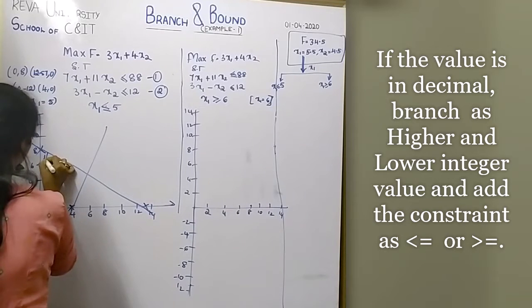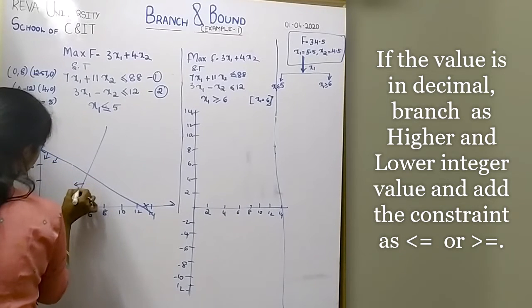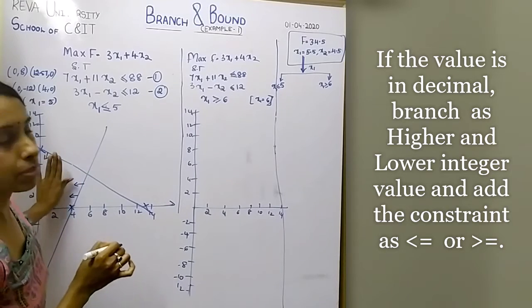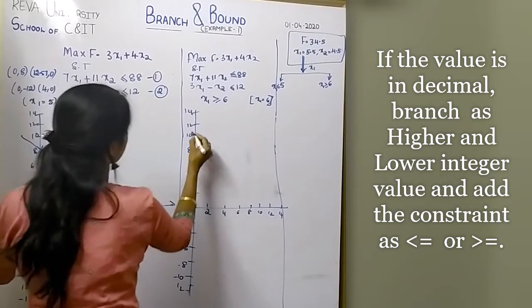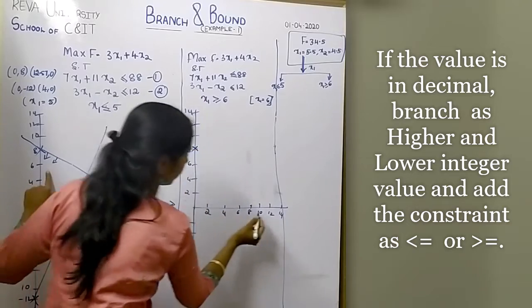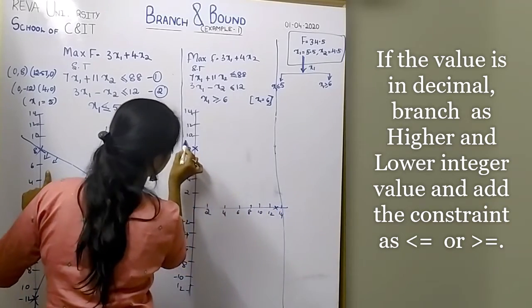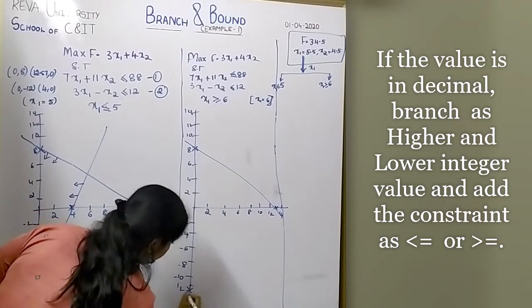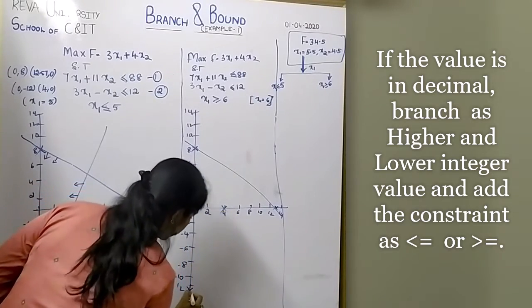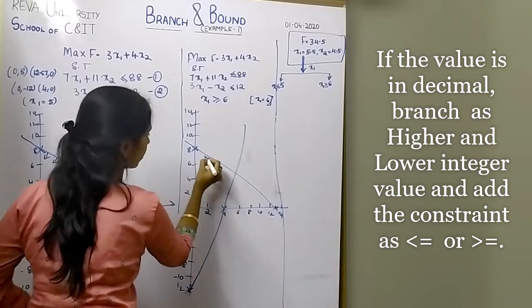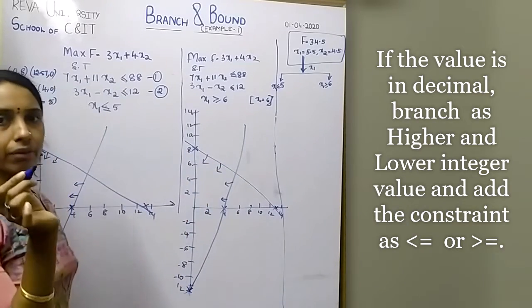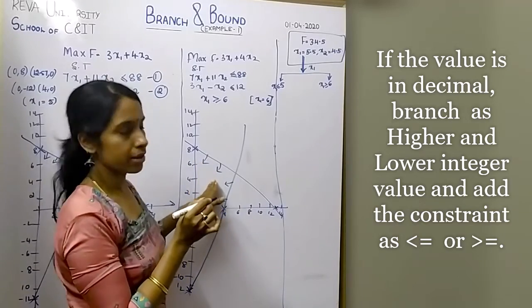And here your value resides within this portion. So this portion is called the feasible region. So here also 8 here and 13 here. So join this. Next minus 12 here and 4 here. So join this. This region is called the feasible region wherein the value may reside.